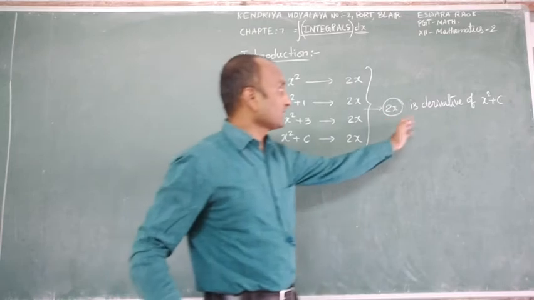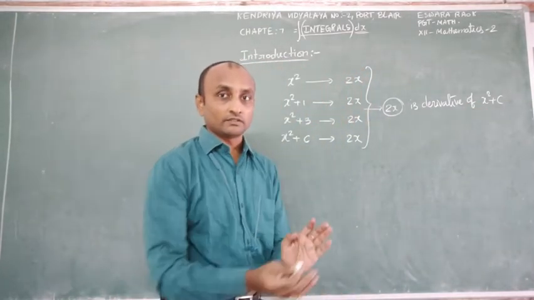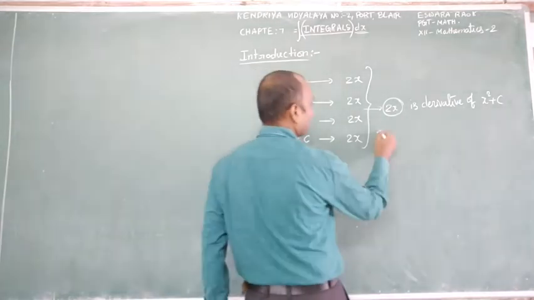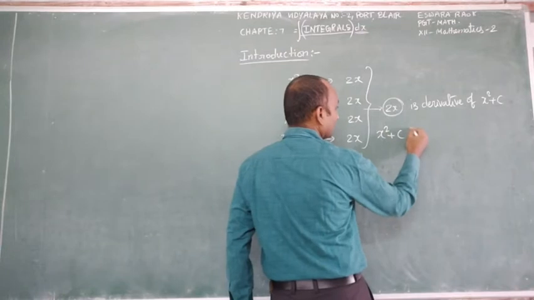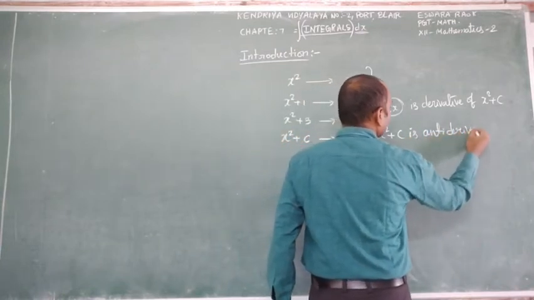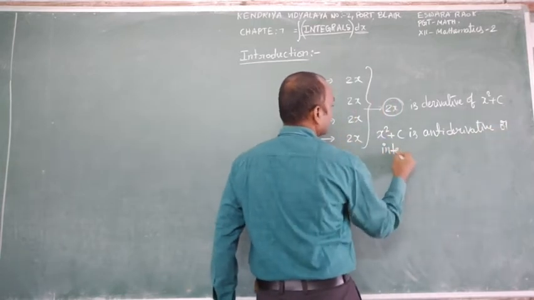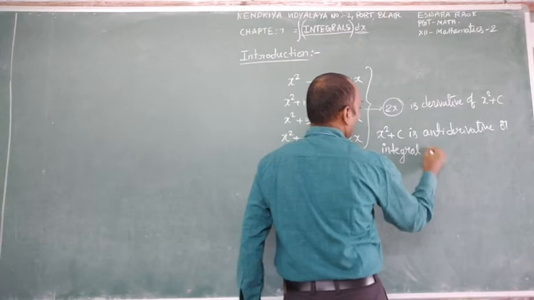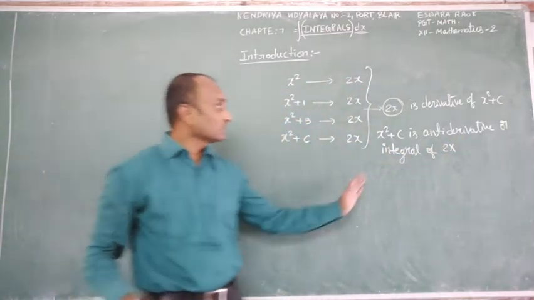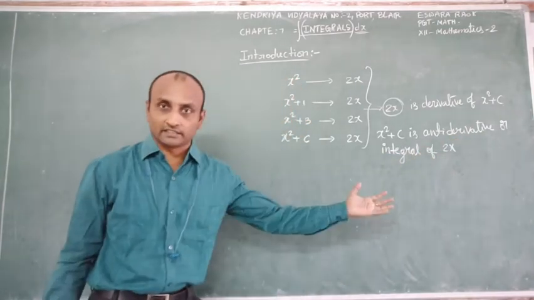If I take this in reverse, in the reverse process of differentiation, we say that x square plus c is the antiderivative or integral of 2x. X square plus c is called the antiderivative or integral of 2x. We just say it like that.